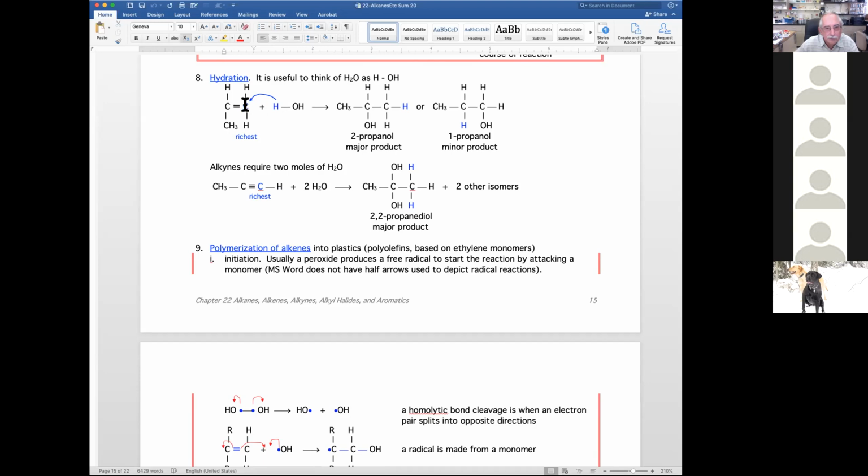So this is the richest. It's going to get richer. So I put the hydrogen here, the hydroxy has to go there. So this is my major product, my Markovnikov's product. And alkynes require 2 moles of water, right? And again, you use Markovnikov's rule twice, essentially.